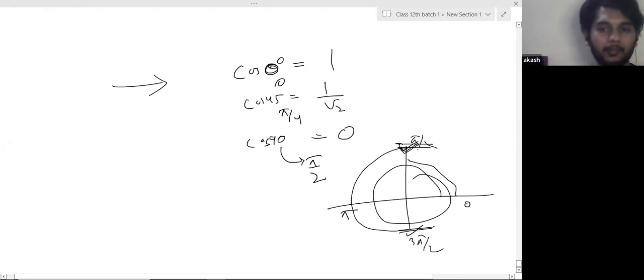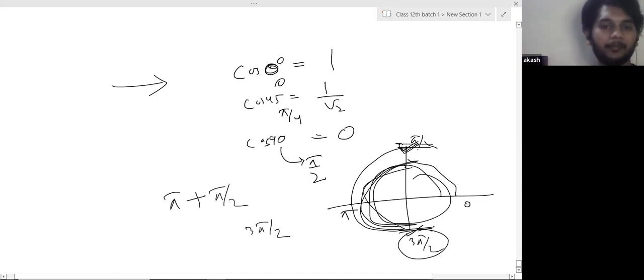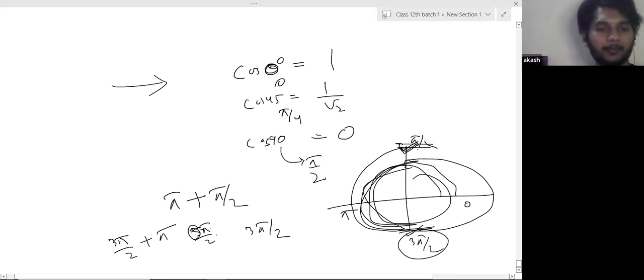If you move from here to here, this is 3 pi by 2, because you are moving by pi. So pi plus pi by 2 is 3 pi by 2. Same if you move again, 3 pi by 2 plus pi, you can see these are odd multiples of pi by 2. So at odd multiples of pi by 2, cos becomes 0.